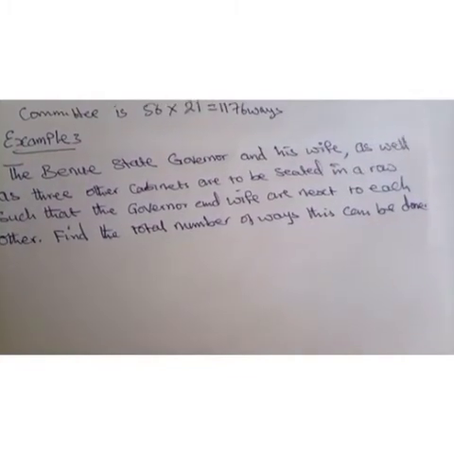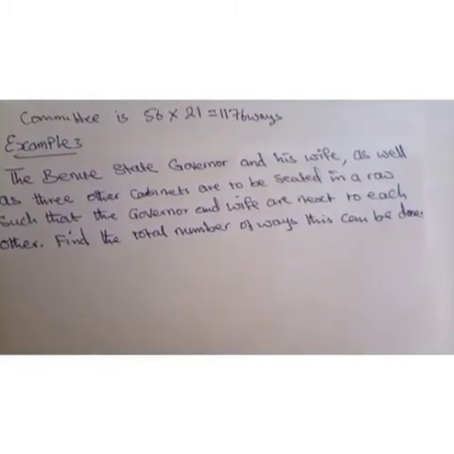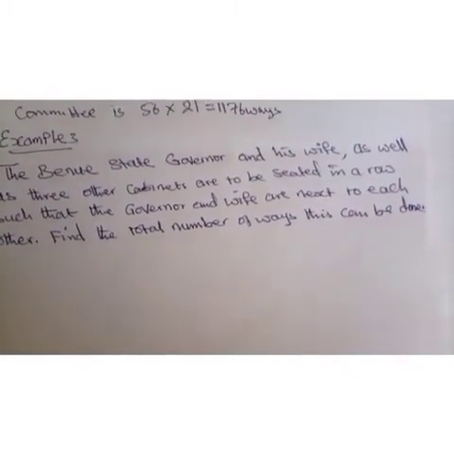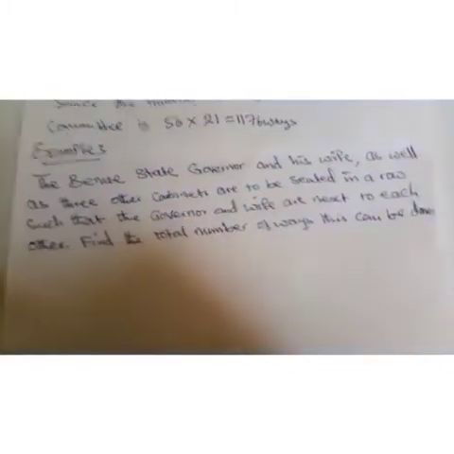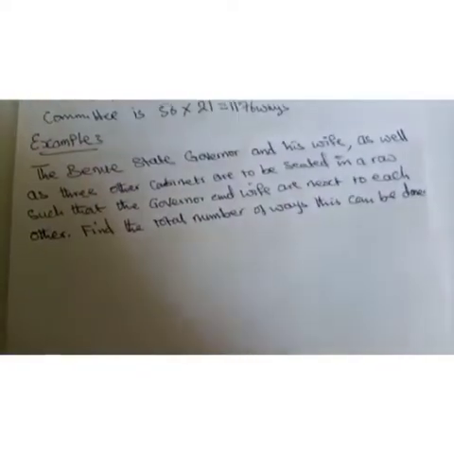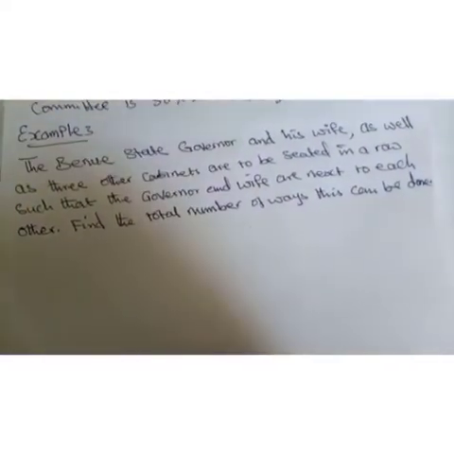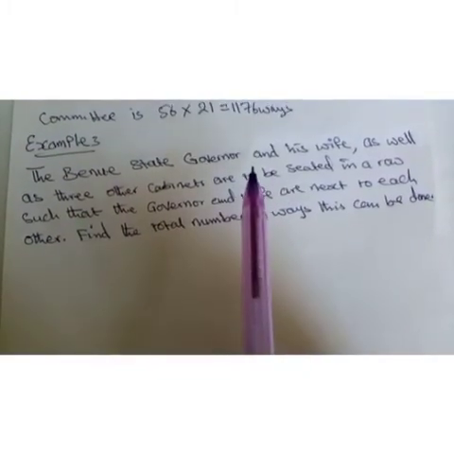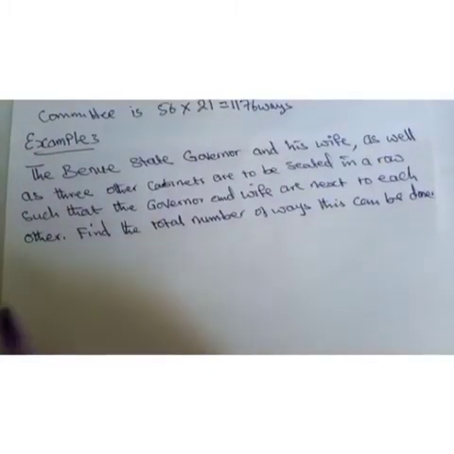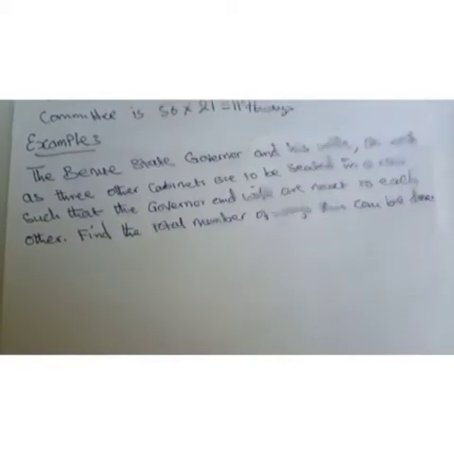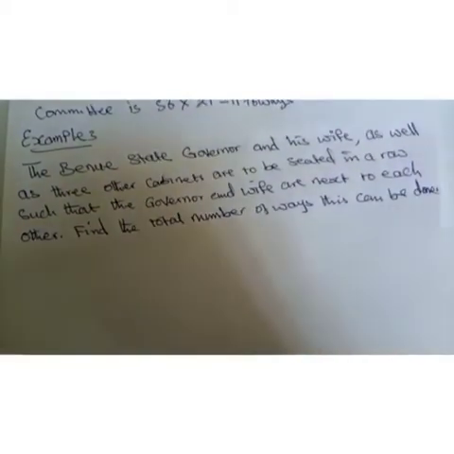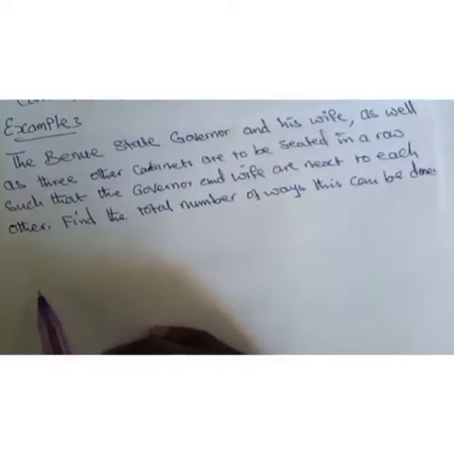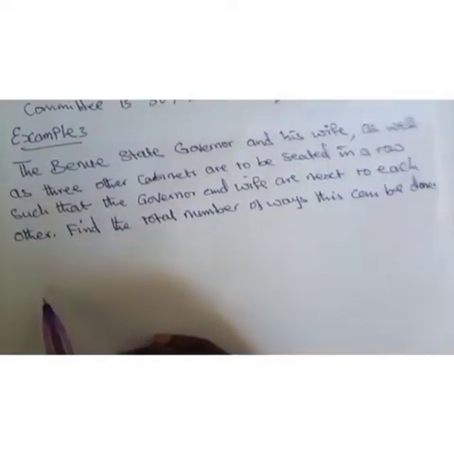If you look at the question there, the governor and the wife, that is the 2 persons. The total number of people we have here is 5: governor and his wife, then the other 3 cabinets. But the governor and wife are to sit next to each other, and they can do that in 2 ways.